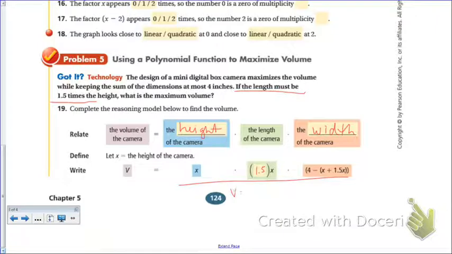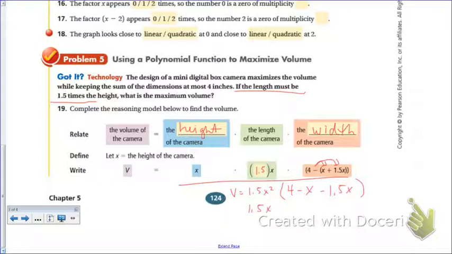For volume, we have 1.5, we're going to do the first two, x times 1.5x is 1.5x squared. And in the orange there, I'm going to distribute the negative, and you get 4 minus x minus 1.5x.